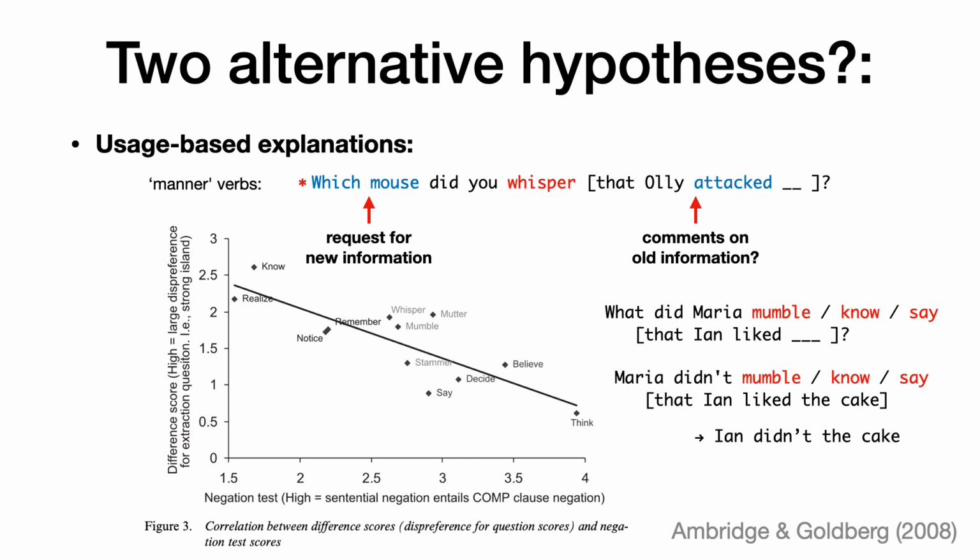Now, that said, I've also said that I think the typical subjacency based theory also doesn't do a very good job of explaining all the islands. And these manner verb type structures are very tough to explain with subjacency.